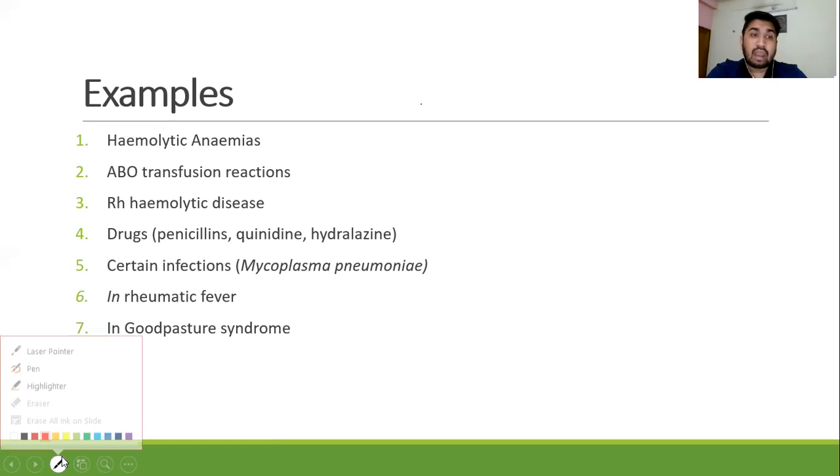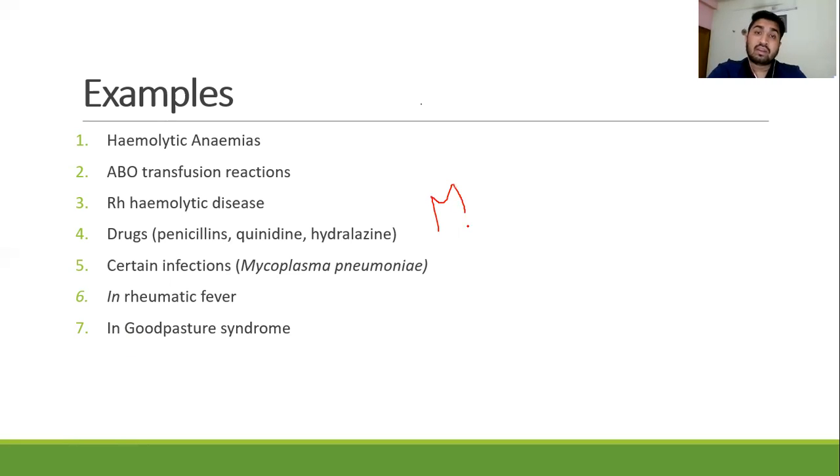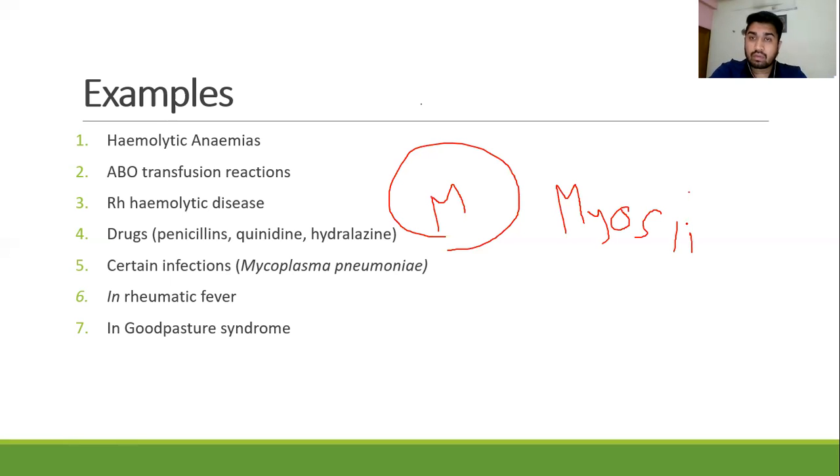Against the M protein, antibodies are formed. But the problem is that the structure of M protein is similar to the cardiac myosin protein.